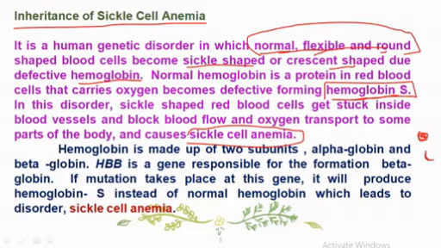So hemoglobin is made up of 2 subunits, that is alpha globin and beta globin. There is a gene, namely HBB.